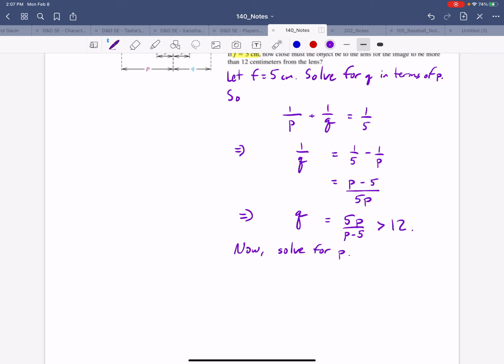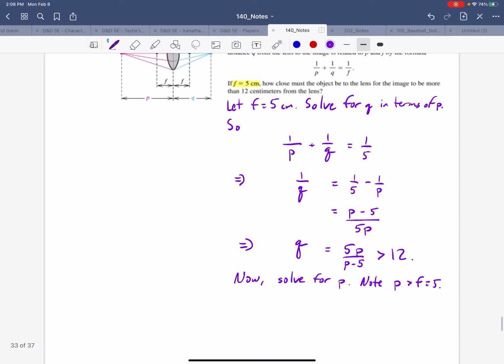Okay? Now, similar to an equality, we just need to be careful here because multiplication by negative numbers is problematic. However, I think we're okay because remember two things. Number one, P is greater than 0, and in fact, P is greater than F, which is equal to 5. That was one of the assumptions we made.